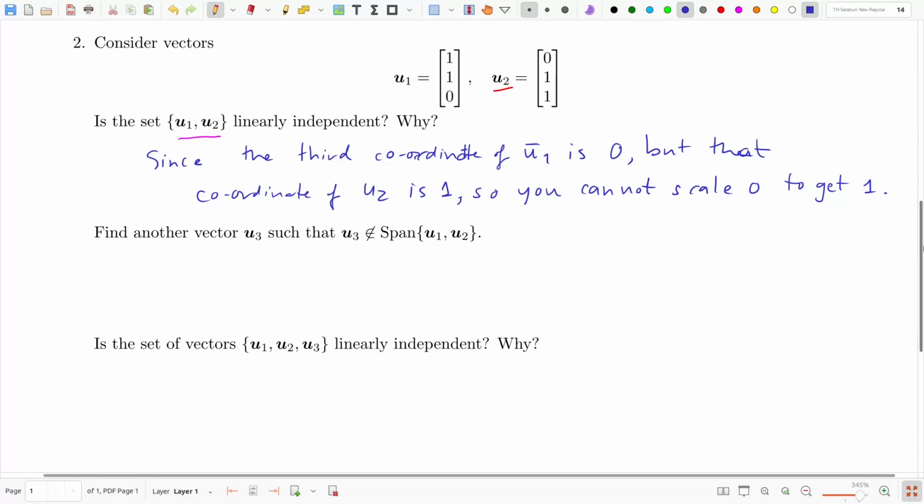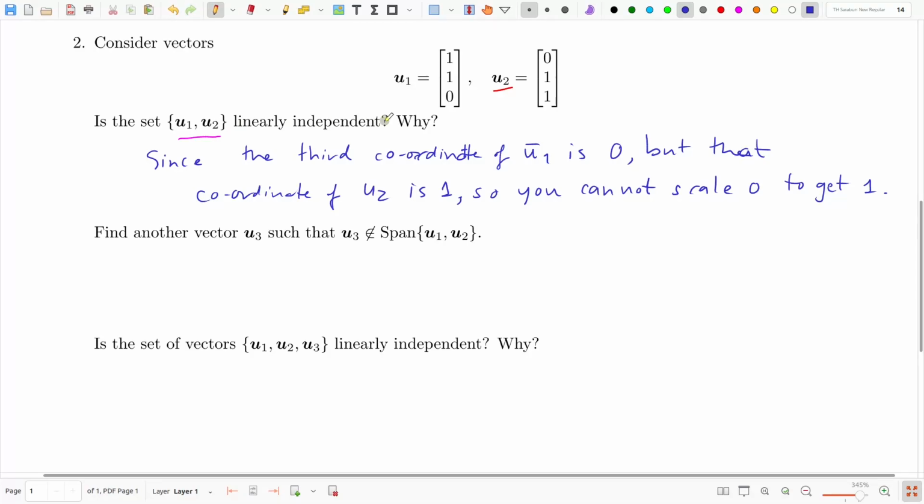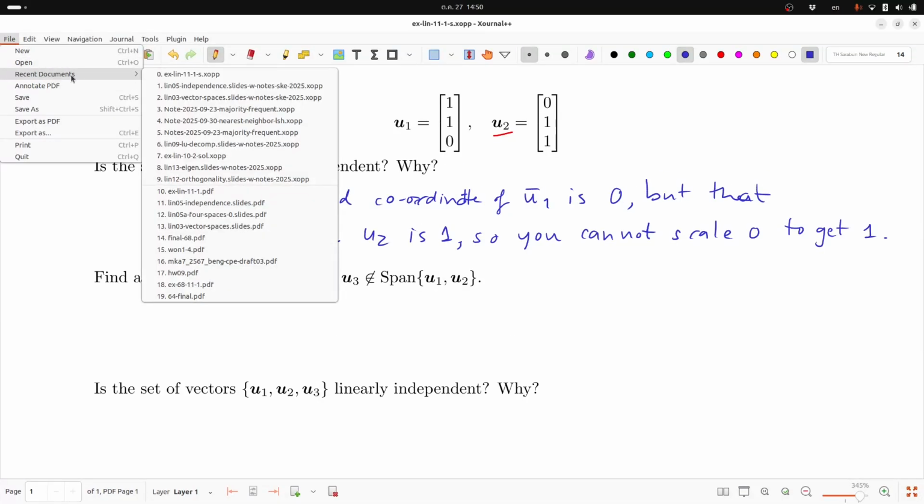Okay. Now find other vectors U3. So this is one way to write it down. But you can use the second definition that we have. The other definition of linear independence is the following.